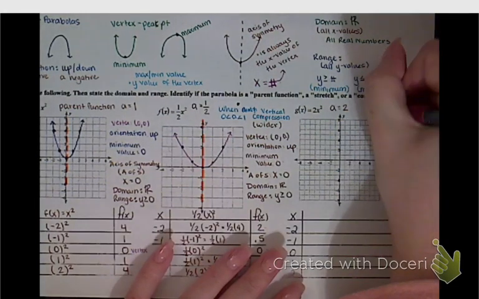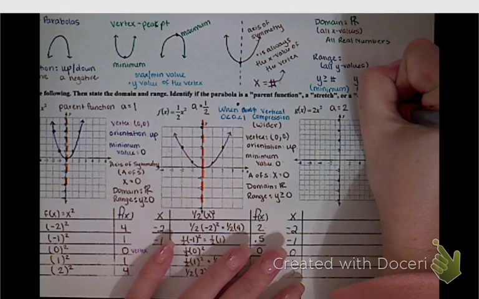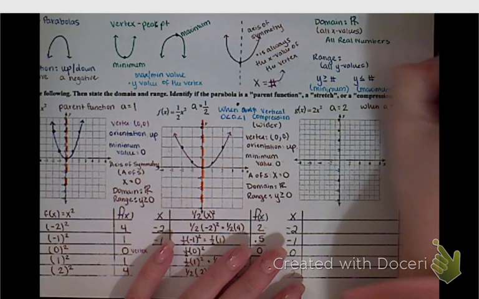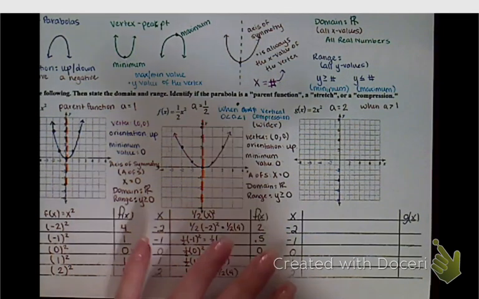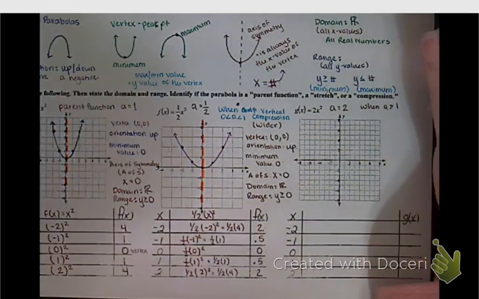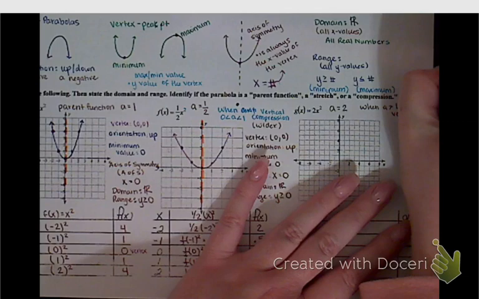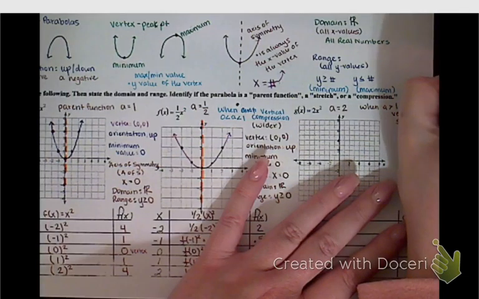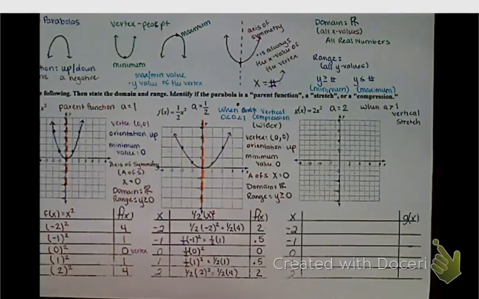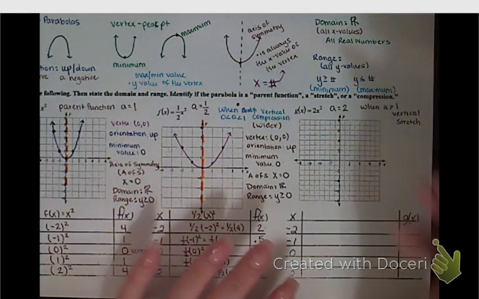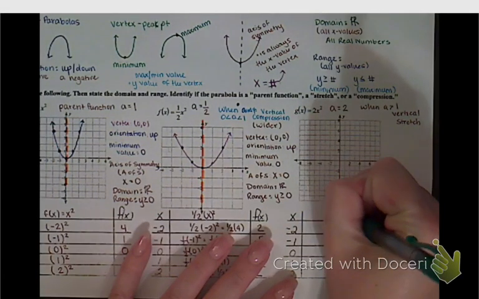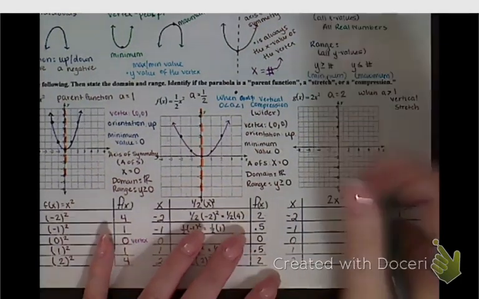Here, when a is greater than 1, we have a vertical stretch. We'll see what happens with that, but you can probably guess from the word stretch what's going to happen. All right, so we want to do 2x squared. So let's see what happens.